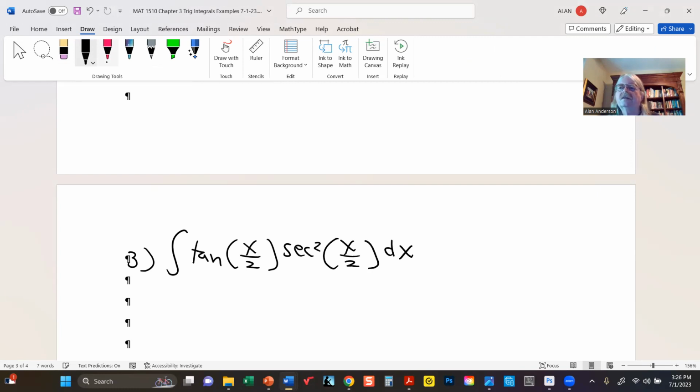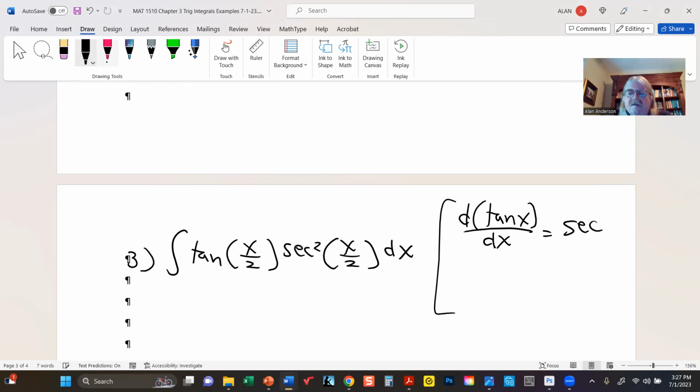All right, what do we do with this? Well, it appears that we'll be able to use u substitution. The question is how. The way to think about it is that we've got the tangent and the secant squared. If you recall, the derivative of the tangent of x is the secant squared of x. So that's kind of a hint as to where we should probably take this.